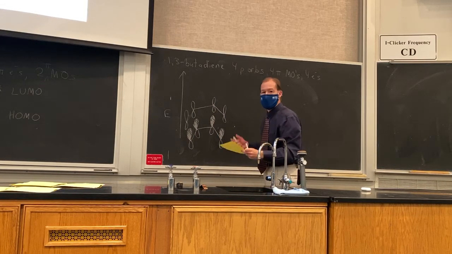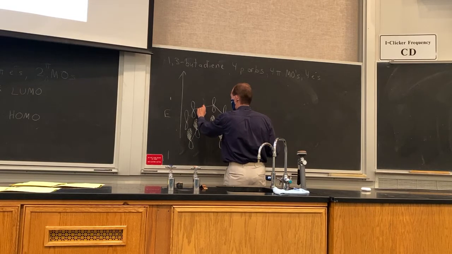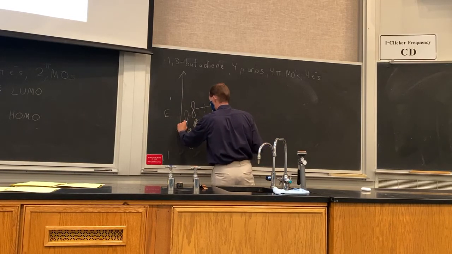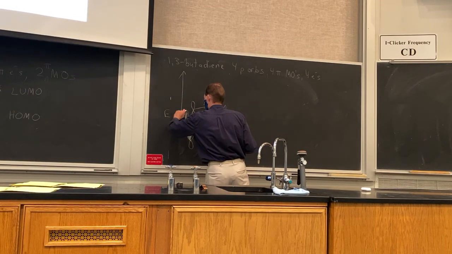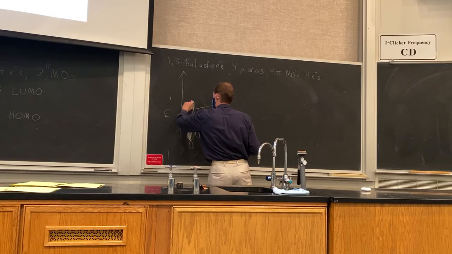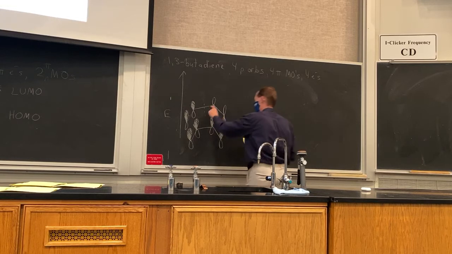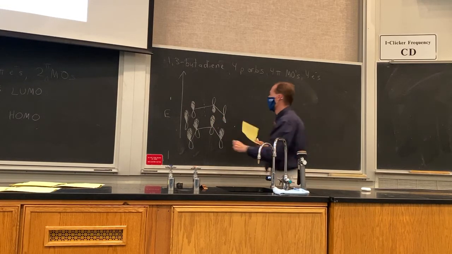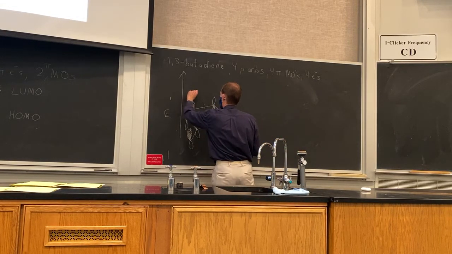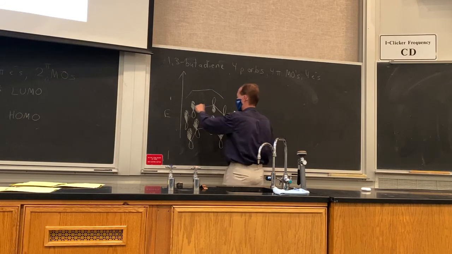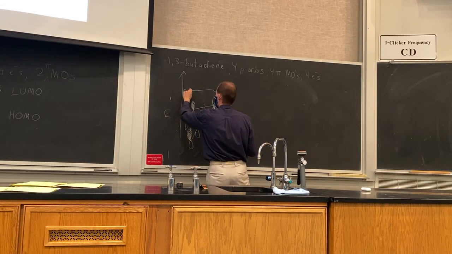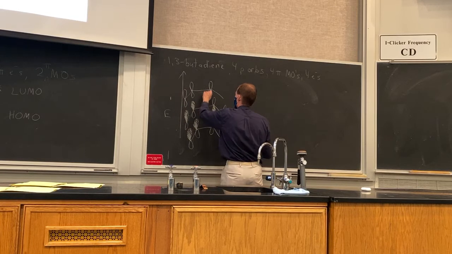So the next one will have 1 node, and we'll put that node here in the middle. So we're going to change signs as we cross this node. Okay, so that's going to be our next molecular orbital. And then the one just above that, sorry, these are getting a little distorted as I'm trying to fit them in on the board.